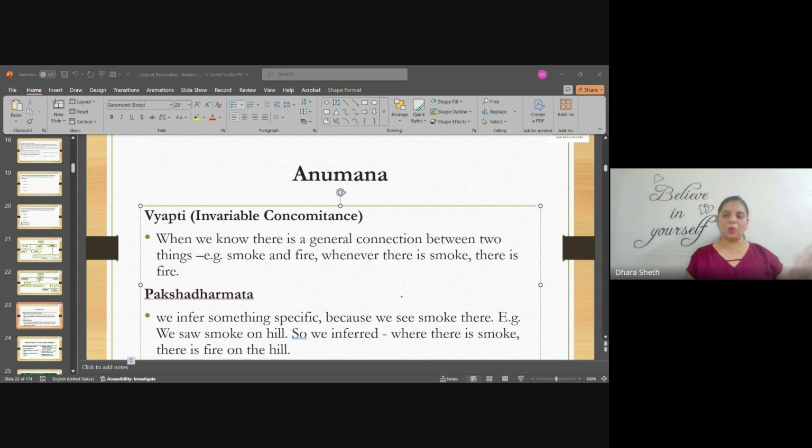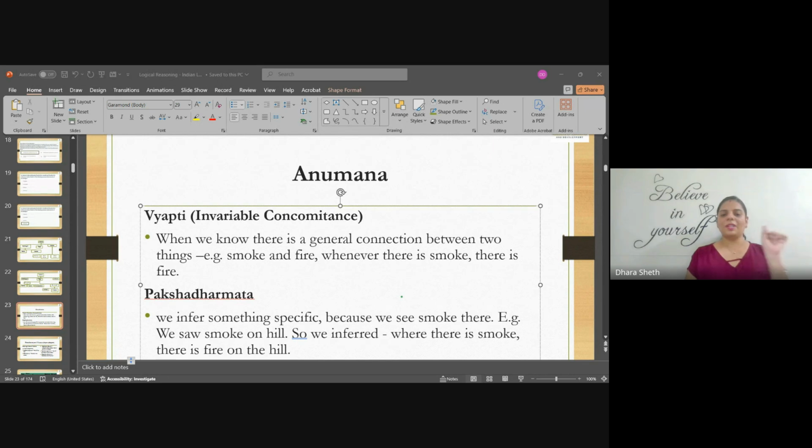So we saw the smoke on the hill. So now we are inferring that when there is smoke, there will be fire. We are not connecting the smoke and the fire. We saw something specific. We saw the smoke there. That is why we are inferring there is fire. It's a bit confusing, but Paksha Dharmata, only this much you need to understand.